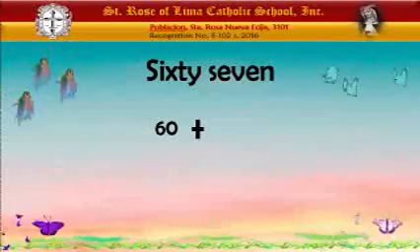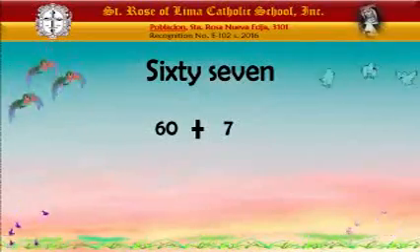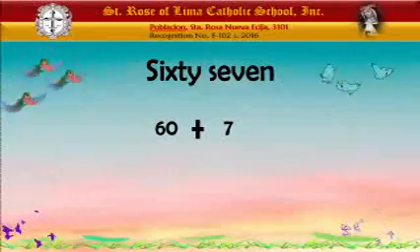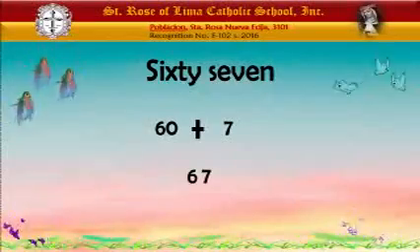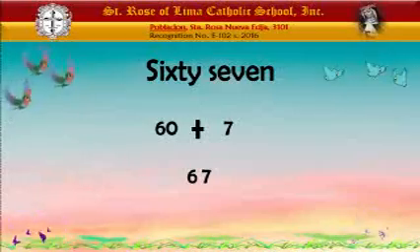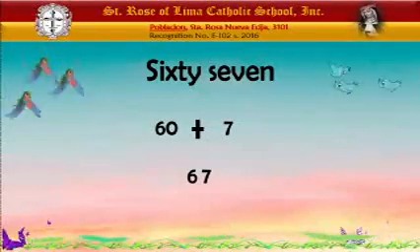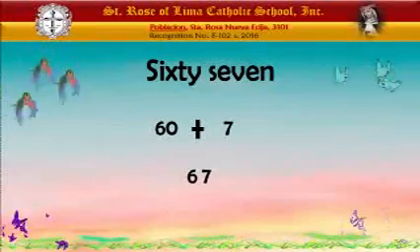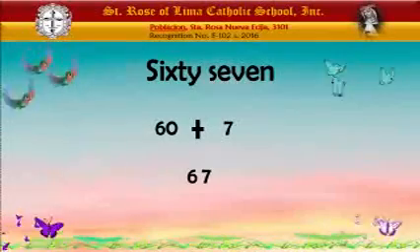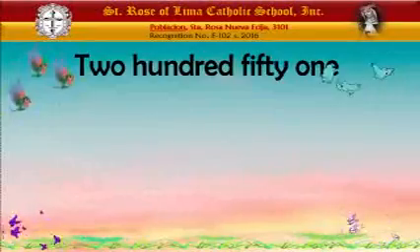We write 7 like this, 7. So when we combine 60 and 7, we have 6 first, and the 7, we have there 67. So this is how we write 67 in numerals.